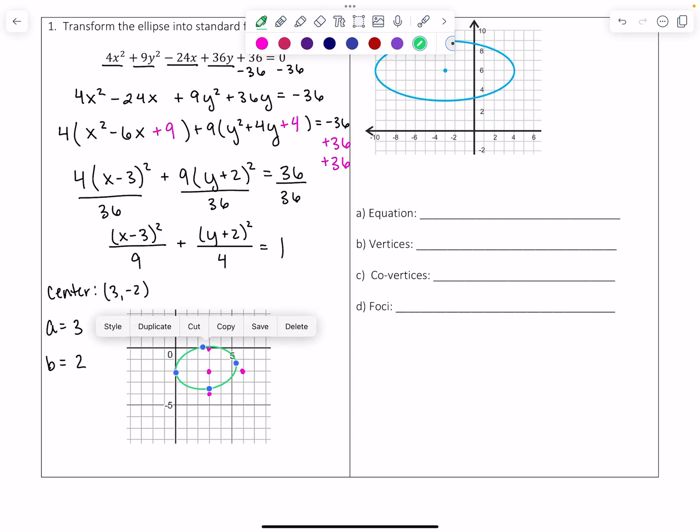Not quite. That's okay. We don't need it perfect. Again, just going through your points as best you can. All right, so that's graphing from our standard form. Pretty much straightforward, finding your center and then using your a and b values to graph from there.